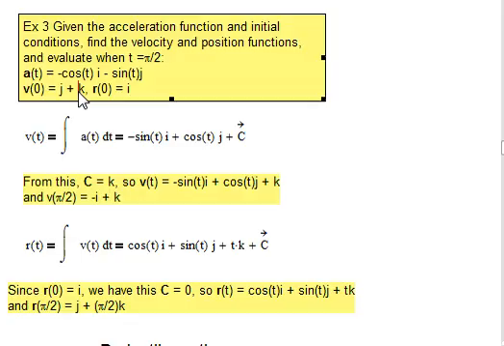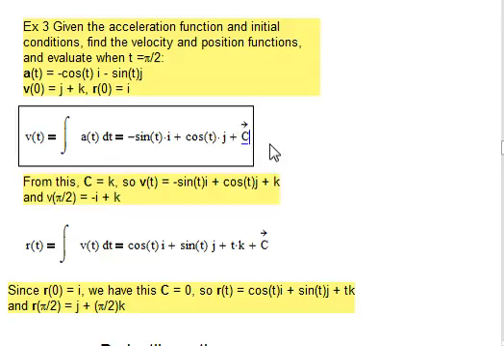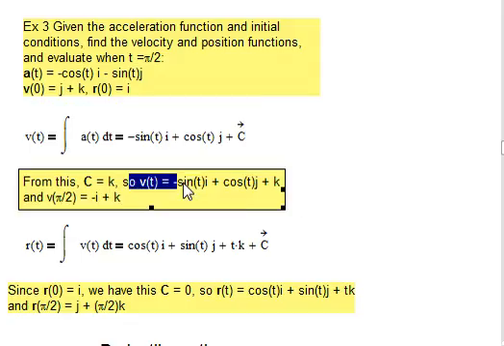So that's good, but this says plus 1k. Therefore, we must have a 1k that was part of this constant vector. And so that is our velocity vector.